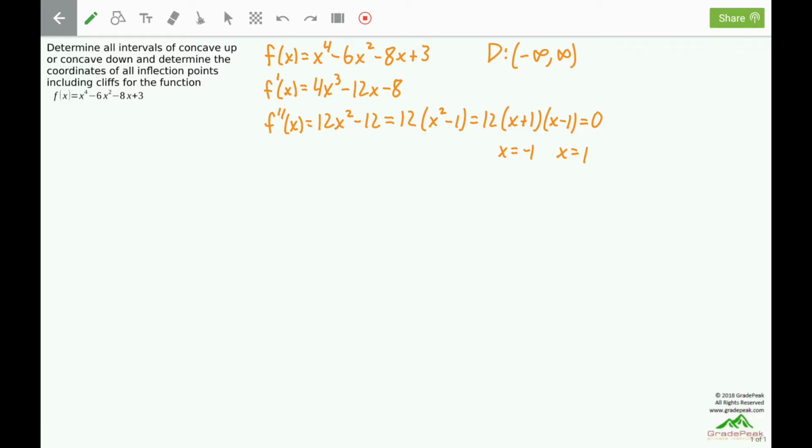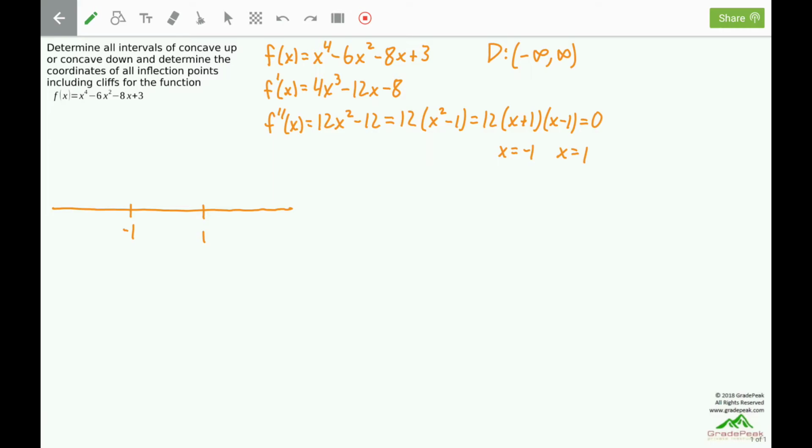We can now draw a domain line, a line representing the domain. It has no left end because it begins at negative infinity, and it has no right end because it ends at positive infinity. We can put all candidate numbers on here. In order, we have a negative 1, and we have a positive 1. This splits the domain interval into 3 separate intervals.